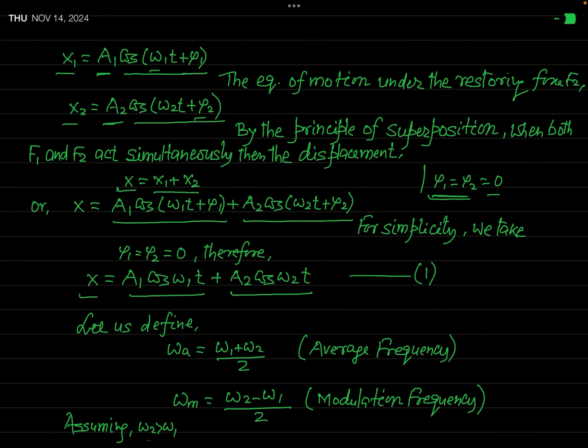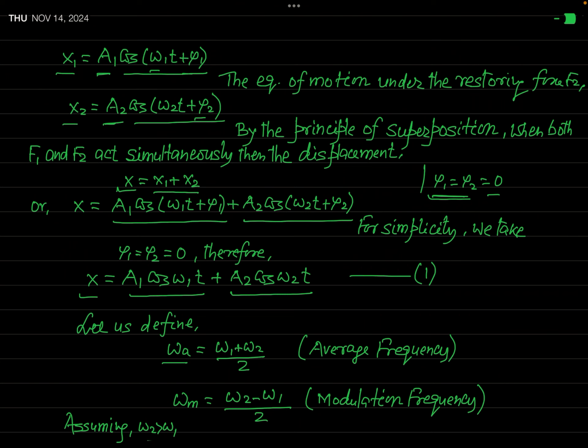Now, to simplify the right-hand side of this equation 1, or to recast this result in a suitable form, we will define two quantities. First of all, we define a frequency denoted by the symbol omega A, which is called the average frequency.